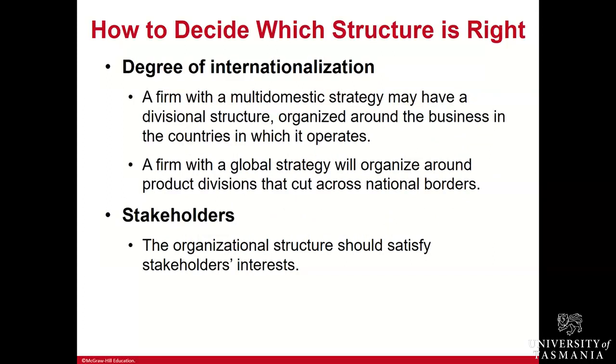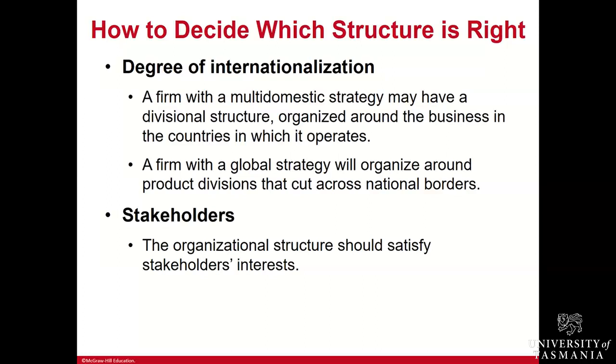And degree of internationalization: a firm with a multi-domestic strategy may have a divisional structure organized around the businesses in the countries in which it operates. What was the multi-domestic strategy? That the company is running every business in different countries with its own strategy.